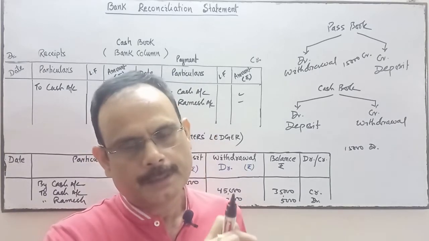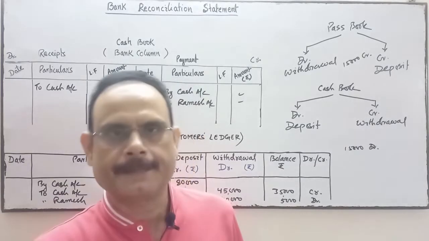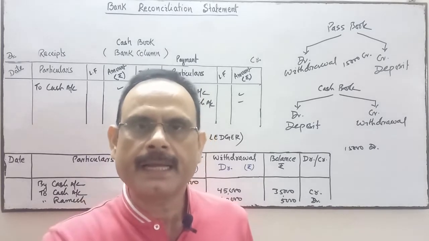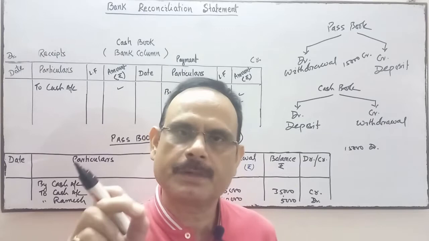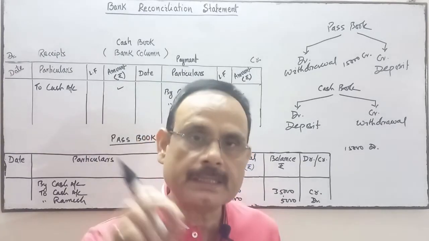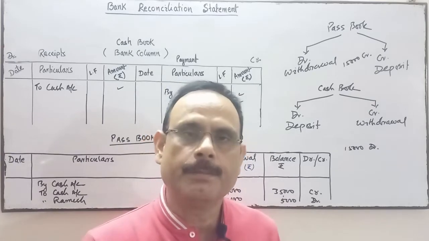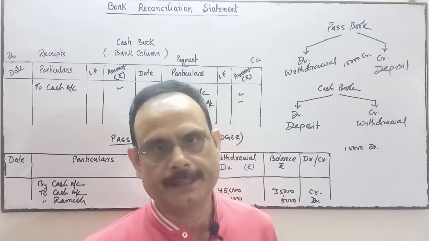So the bank balance as per cash book and the bank balance as per passbook must be the same, but due to some reason they may differ, and for that we prepare a bank reconciliation statement, maybe fortnightly, monthly, quarterly or half yearly.